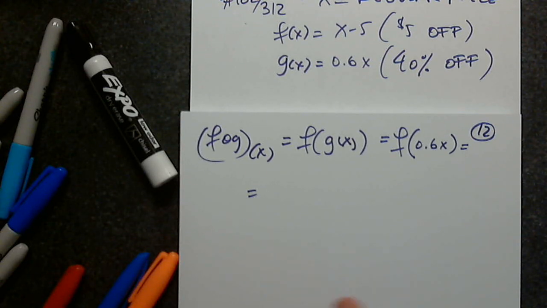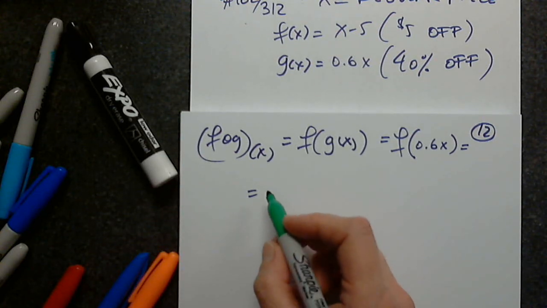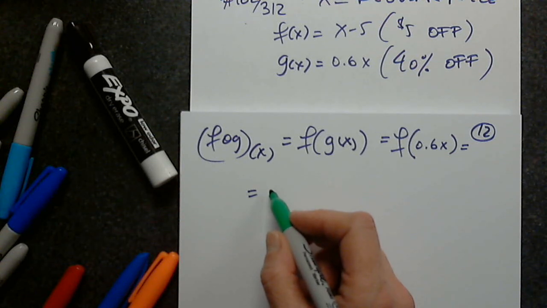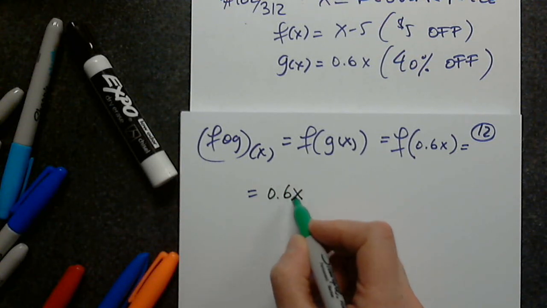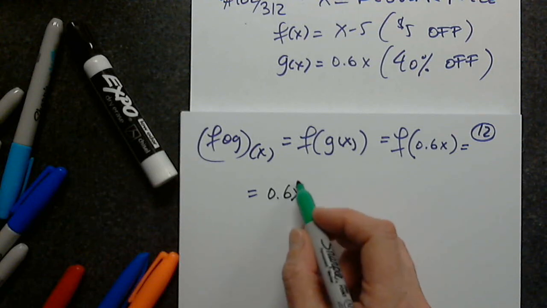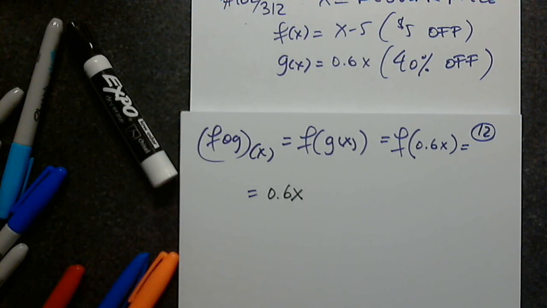You have nothing to calculate, you just have to tell me how to write it. 0.6, parentheses x minus 5. Without parentheses, how do I write it? 0.6x minus 5. If I put parentheses like this, then I'm changing the problem.